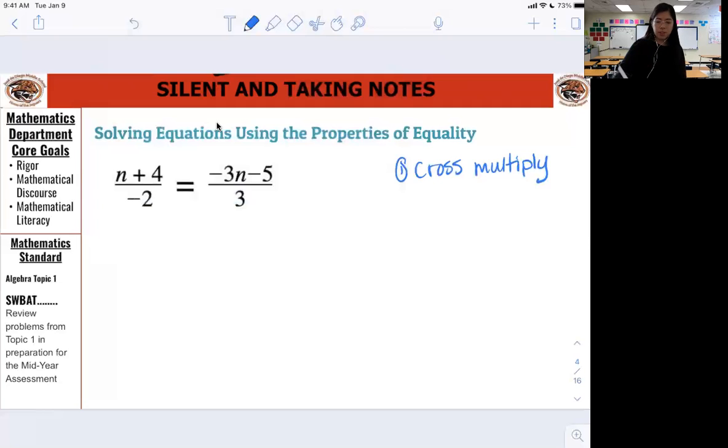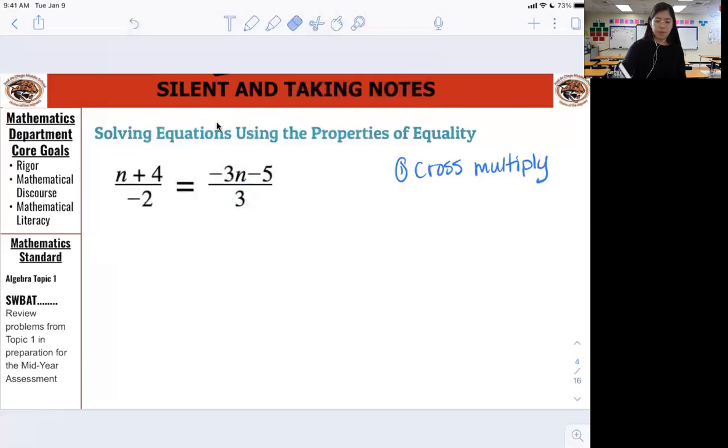Because what I'm actually doing is, if I want to get rid of this 3, remember, any fraction in the world is really a division problem. Really what's happening here is -3n minus 5 divided by 3. And what's the opposite of division? Multiplication. Yeah, multiplication.